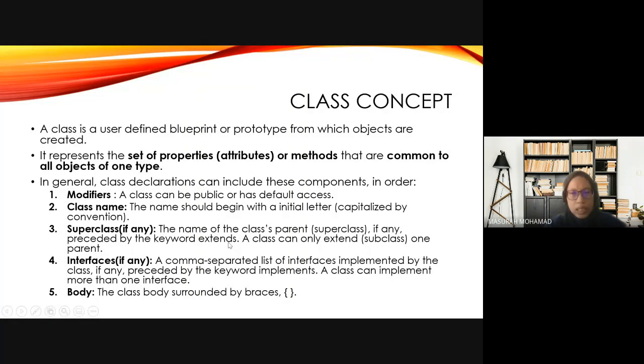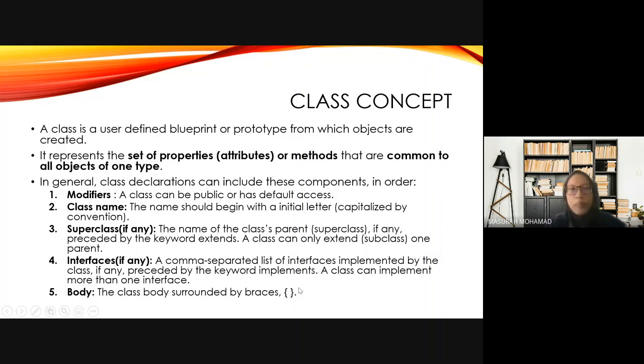Okay, nanti kita belajarlah dalam next chapter. Okay, and then if you want to write a special library which is called interfaces, you must include this keyword interfaces. Kalau tak ada, tak perlu. So just a name class followed by the body. Body of course lah, sama macam C++, we need to include curly braces.